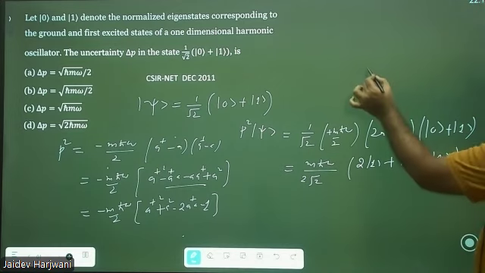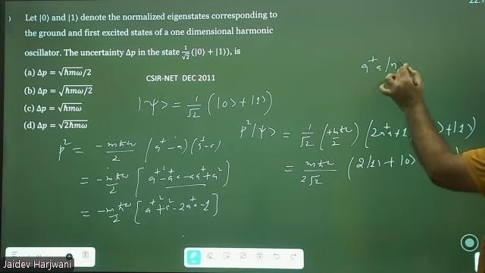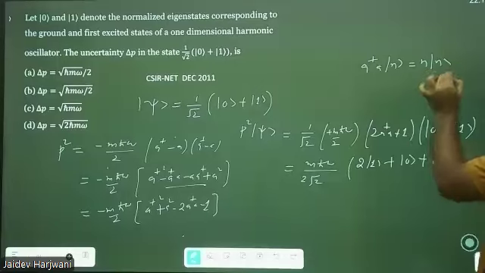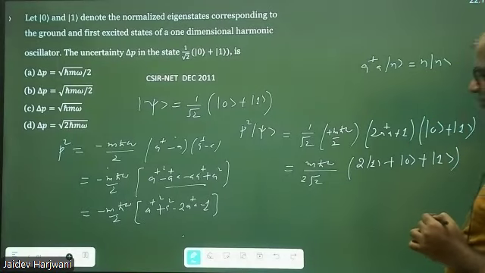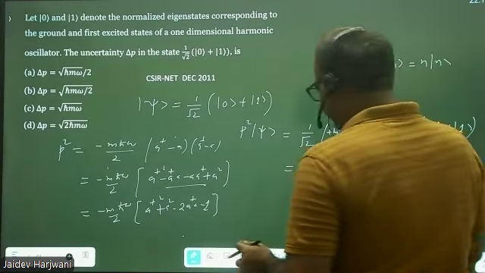The number operator a dagger a operating on n gives you n.